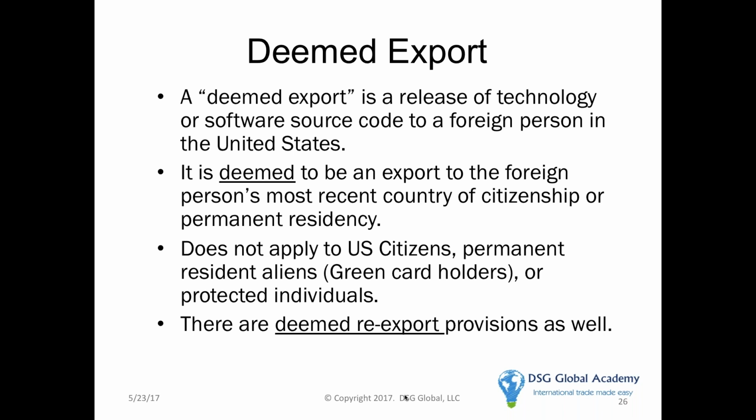But if they're on a student visa or a visitor's visa, business visa, or even an employment visa called the H-1B, and you release any technology or software source code to that foreign party, and that foreign person is from a country where you'd normally need an export license to ship to, then you cannot make that technology available to that foreign national without getting a deemed export license.